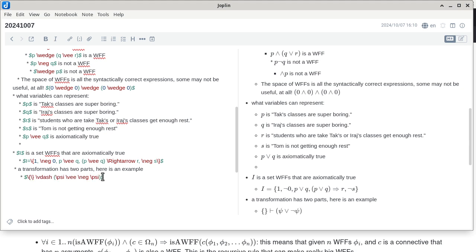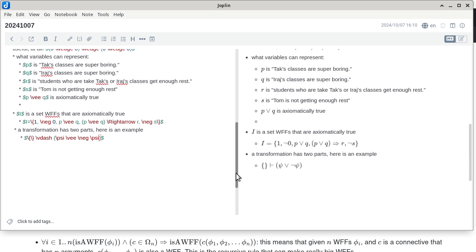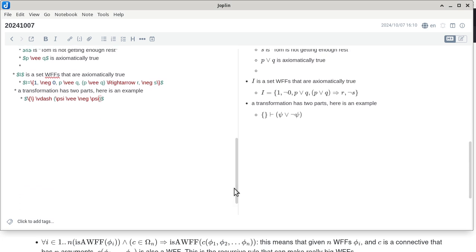Okay, and let me scroll up. There we go. So this is a really odd transformation. In other words, what this is doing is, in order for this rule to fire, I have to match psi to one well-formed formula. Does it have to be a well-formed formula that is already known to be true? No, because this empty set says there's nothing I require from the well-formed formulae that are already known to be true.